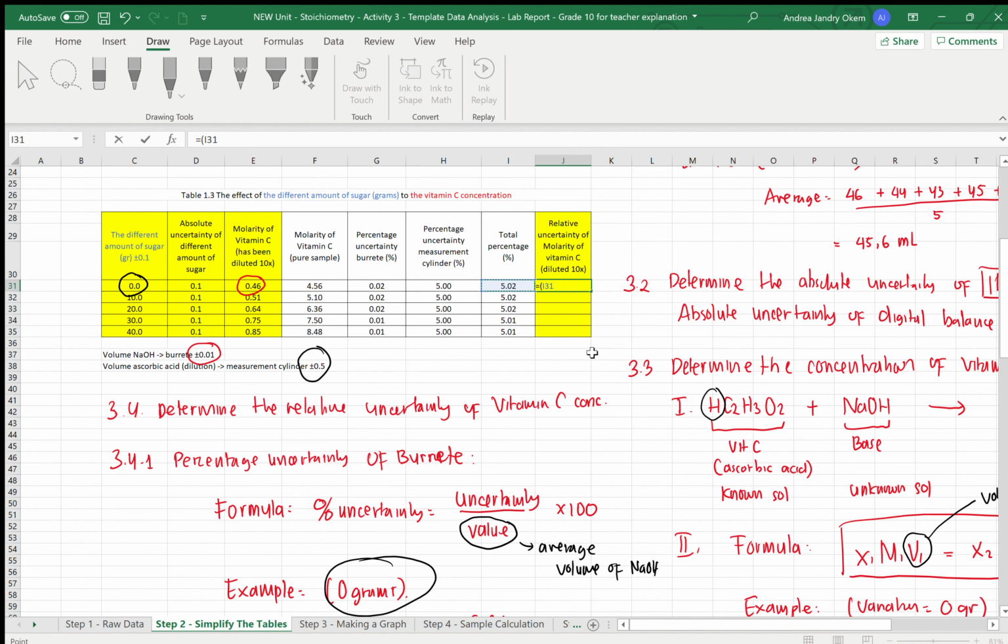So we need to multiply first by the molarity of vitamin C that has been diluted, close the bracket, and don't forget we need to divide by 100 and then enter. So we got the relative percentage uncertainty of the vitamin C concentration. I think that's all. Thank you.